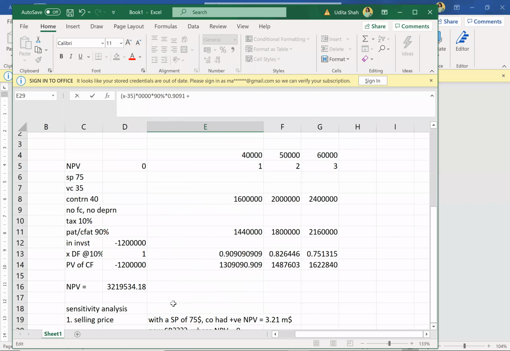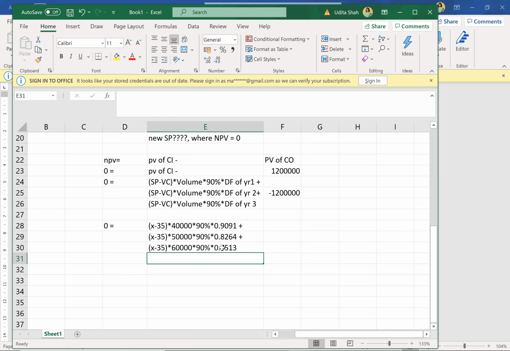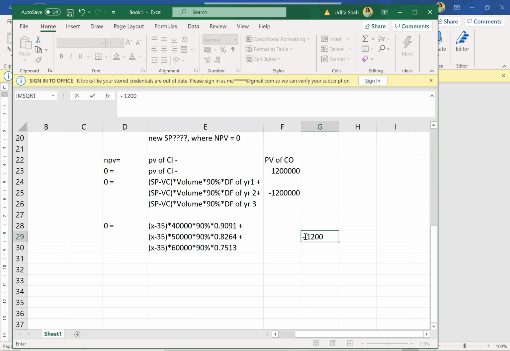Sales volume in the second year is 50,000 into 90% into 0.8264, and plus X minus 35 into 60,000 into 90% into 0.7513. That will give me the total present value of all cash inflows, and the whole thing minus 1.2 million should be equal to 0.